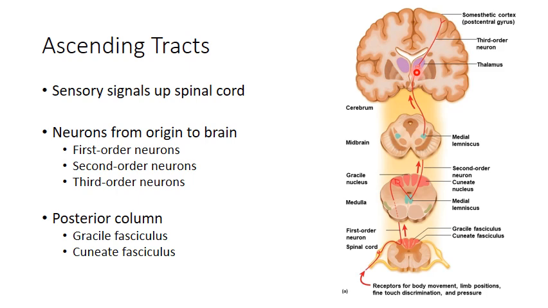Assuming that this sensory information is necessary or important for us to integrate and understand, then we will send it on through a third order neuron up into the cerebral cortex. So we go third order neuron, here's our synapse in the thalamus, up to the cerebral cortex.